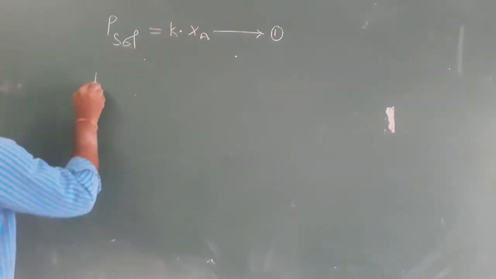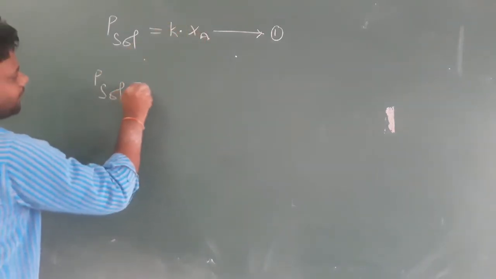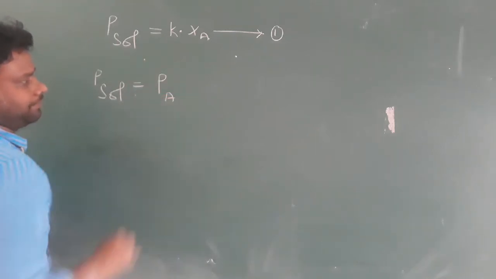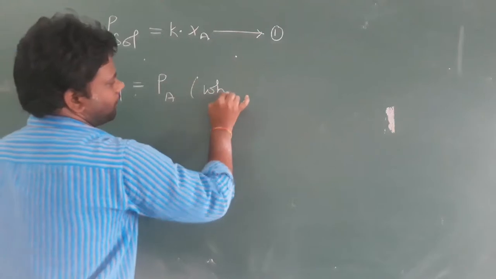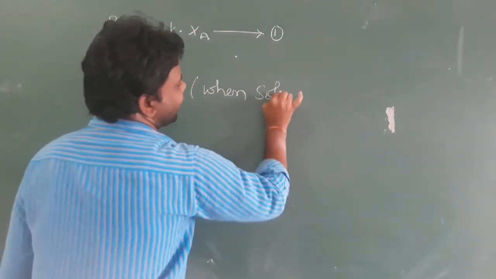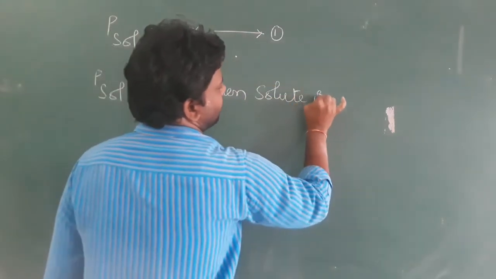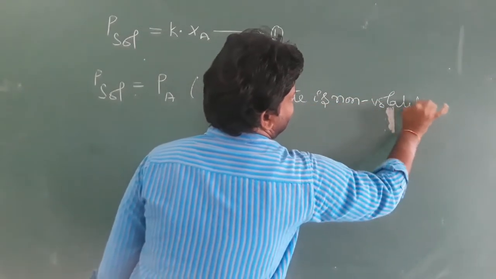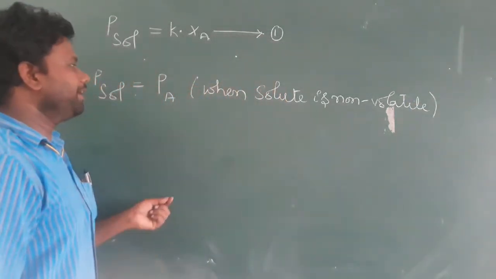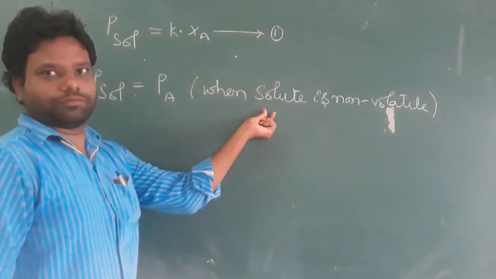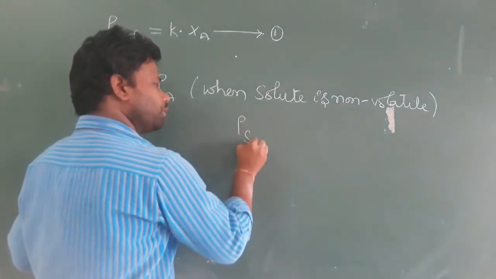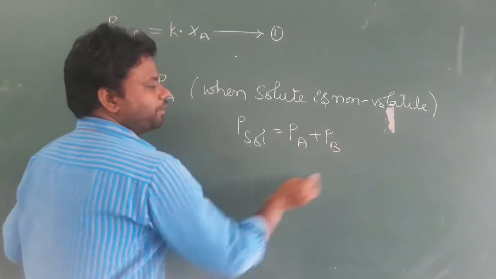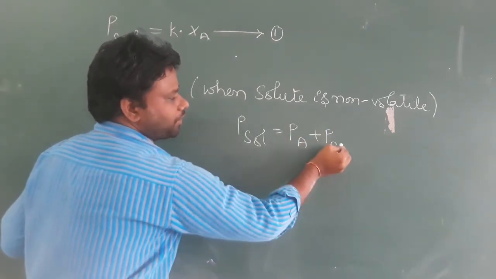Okay, so the vapor pressure of the solution is equal to the vapor pressure of A when the solute is non-volatile. If the solute is non-volatile, what happens? Vapor pressure of solute is 0. Generally, vapor pressure of solution is equal to Pa plus Pb. B is non-volatile, so its vapor pressure is 0.